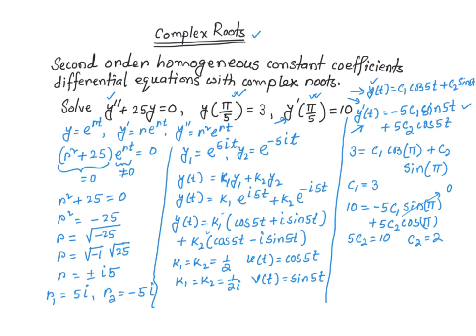C1 is equal to 3 and C2 is equal to 2. So your final solution for these given conditions is going to be y of t equal to 3 cosine of 5t, let's put parentheses around it, plus 2 sine of 5t.